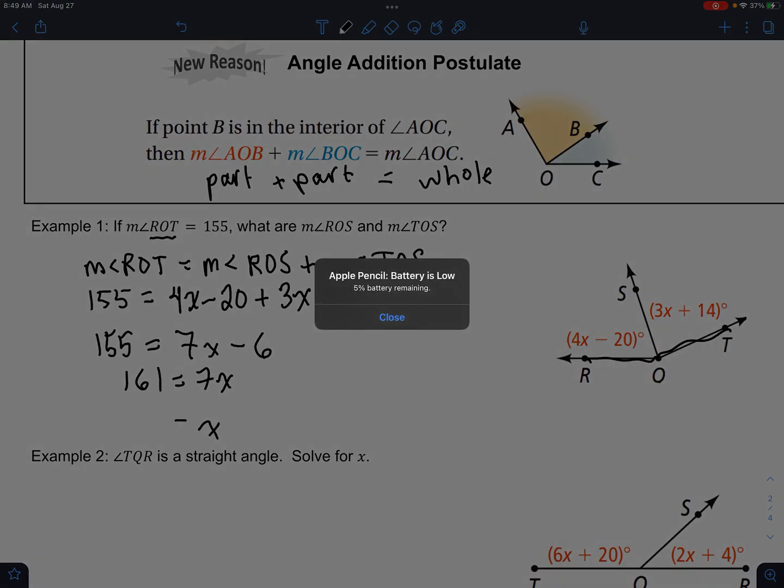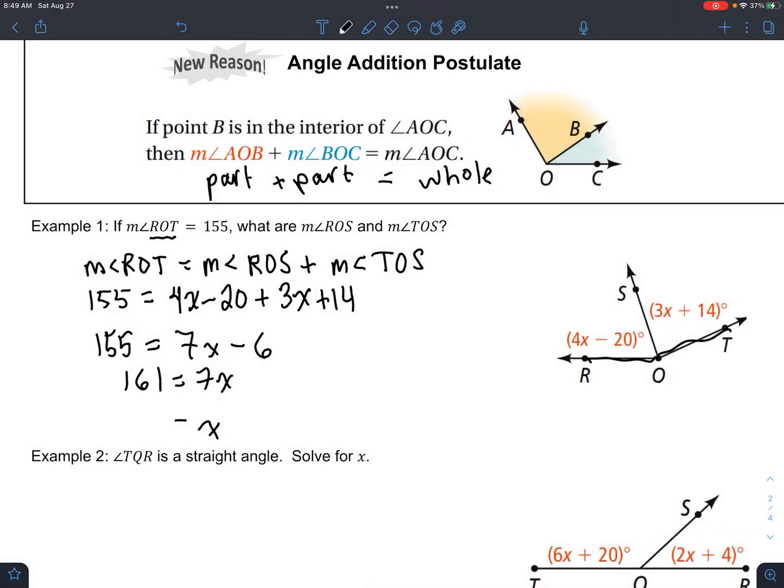Let's see, 7 divided by... This is 21. No, 23. You can trust me. And just like before with the segments, we have to plug this number in so that we can figure out what's what. So 4 times 23 minus 20 will be an answer, and 3 times 23 plus 14 is an answer too.